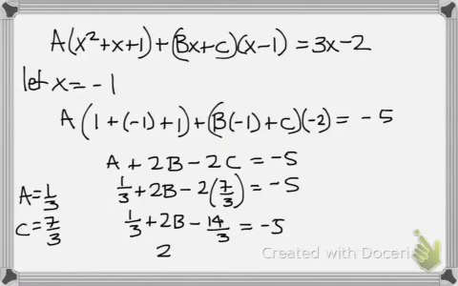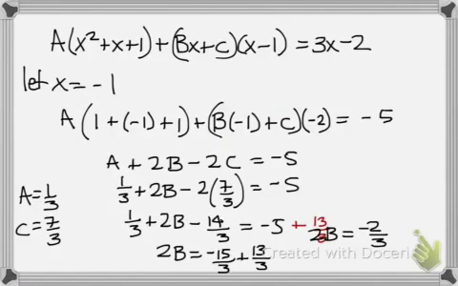Minus 14/3 plus 1/3 is going to be minus 13/3. So then we'll add plus 13/3 over here. Negative 5 is negative 15/3. So negative 15/3 plus 13/3 gives us 2b is equal to negative 2/3.